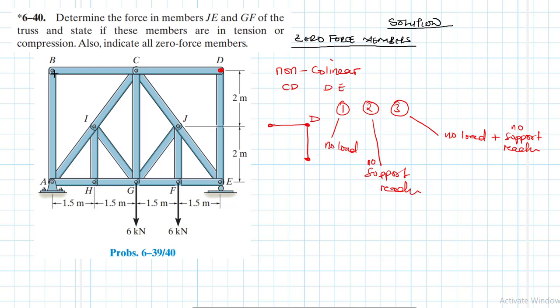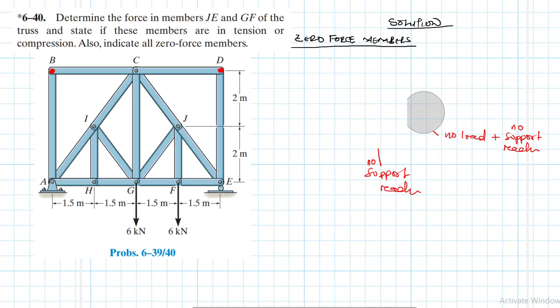And when you look at D, D is similar to B. Because these conditions are met, they are non-collinear, there is no load, and there is no support reaction. Because of that, they qualify to be classified as zero force members.